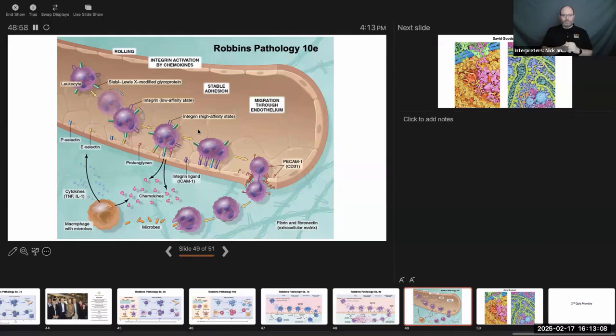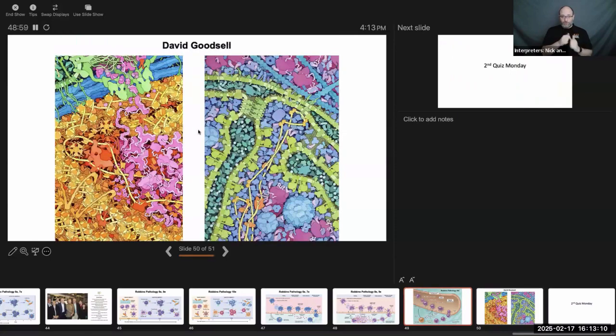So the last thing I'll share with you is a radically different approach to color. Way back on day 1, I showed you a little book by David Goodsell. He's a molecular biologist from Scripps Research Institute in California and does these remarkable watercolor paintings of the inside of cells.